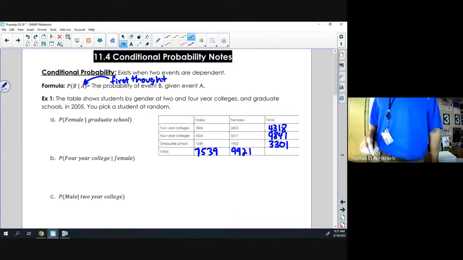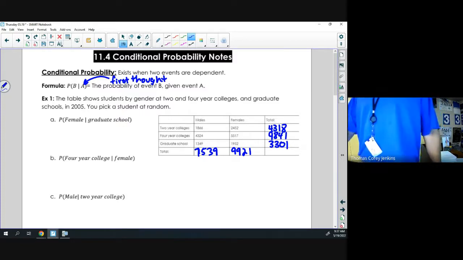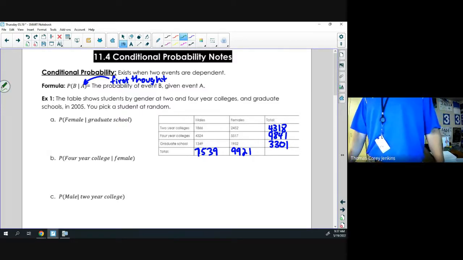All right, so now we will need those basically in all of our probabilities. What we're being asked in A is, what's the probability that if we're looking at grad school students, that person is female? Again, I always think about this first: given what?